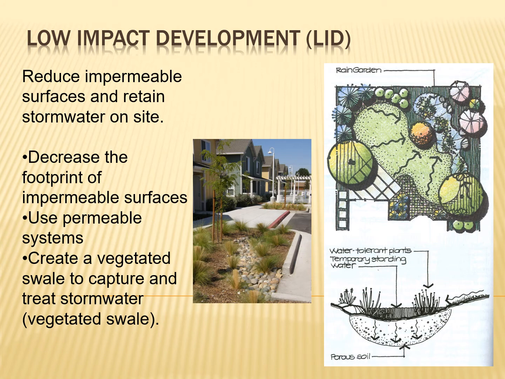So low impact development is really about doing just that. It's meant to reduce impermeable surfaces and retain stormwater on site. You can see some strategies both in plan view and then a picture of a development where there's a stormwater infiltration feature as part of the landscape, and you really are seeing these all over town.